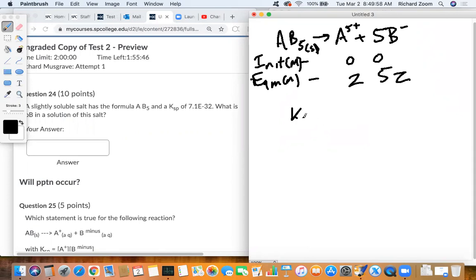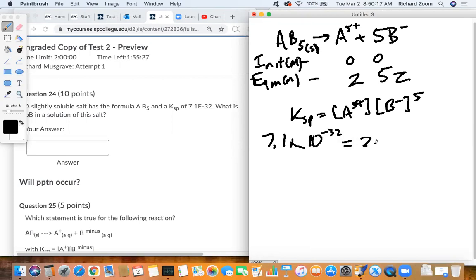So we've got Ksp is going to equal A5+ and B- to the power of 5. Ksp value 7.1 times 10 to the negative 32. And that's going to be Z times 5Z to the 5th.